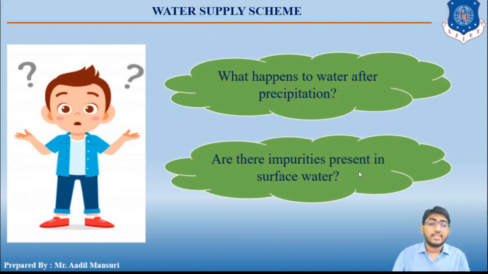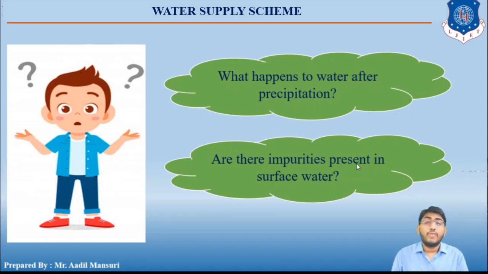It is therefore very essential that to satisfy the characteristics of wholesome water, surface water needs to be treated before it is supplied to the community. Students, the amount and the type of treatment process will depend on the quality of raw water and the standards of water quality required after the treatment.